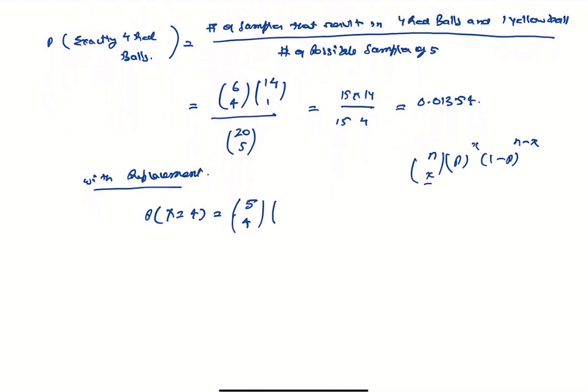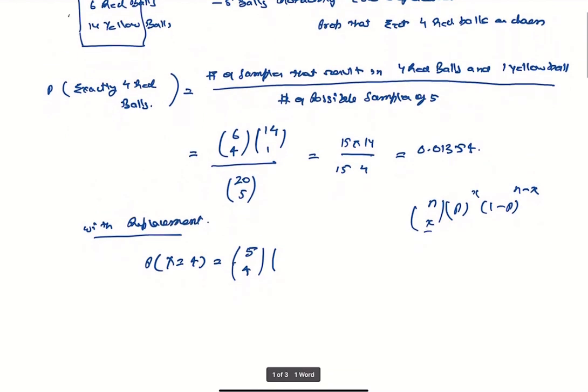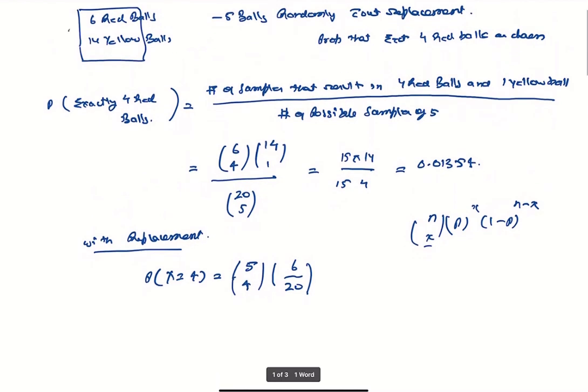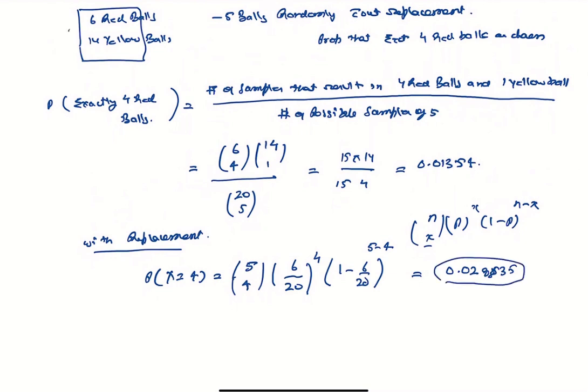Since there are exactly 6 red balls, the probability is going to be 6 by 20, raised to the power 4, and then 1 minus 6 by 20, raised to the power 5 minus 4. So this will come out to be 0.082535. As you can see, if you do it with replacement, the number is going to be different than if you do it without replacement.